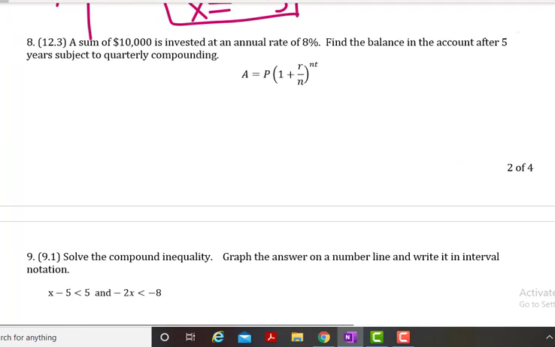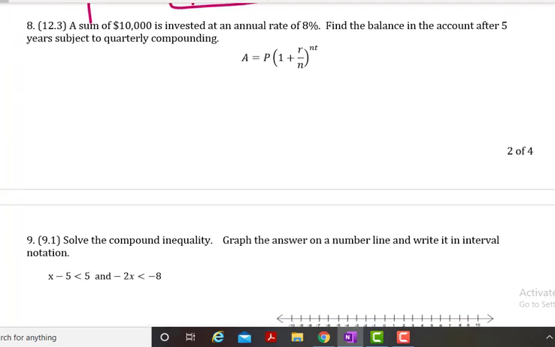Number 8. A sum of $10,000 is invested at an annual rate of 8%. Find the balance in the account after 5 years, subject to quarterly compounding. And the equation for compound interest is given to you.